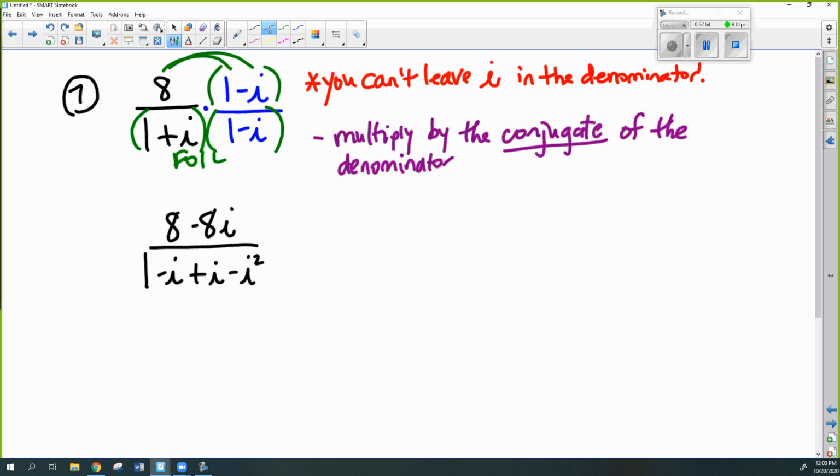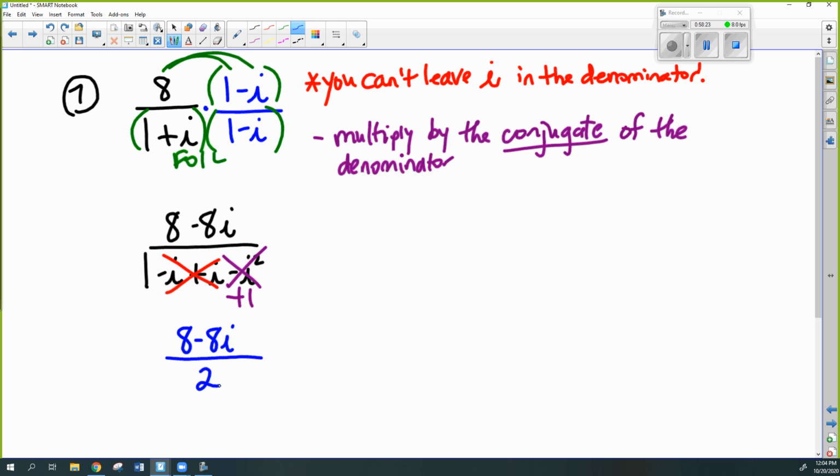Cancel out, good. And then the minus i squared turns into plus 1. Everybody okay with that? All right, so then we put it together and we get this.